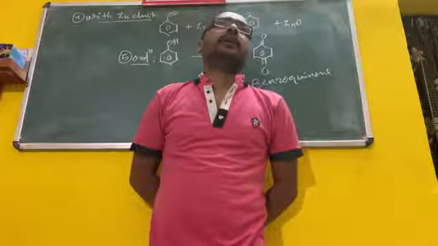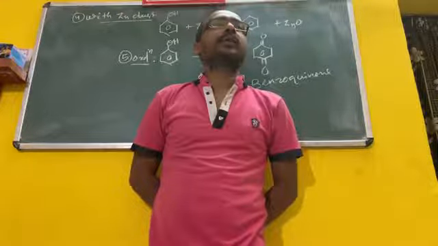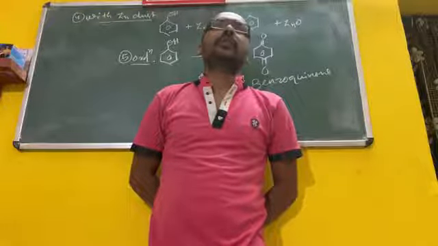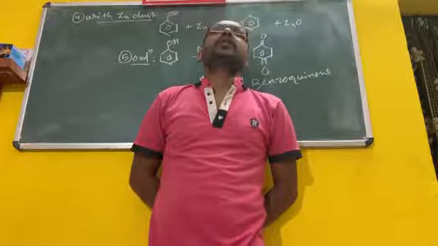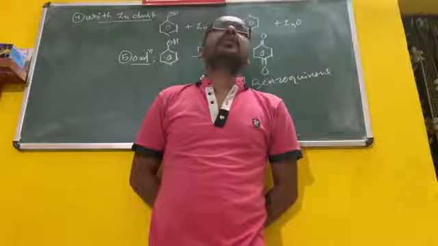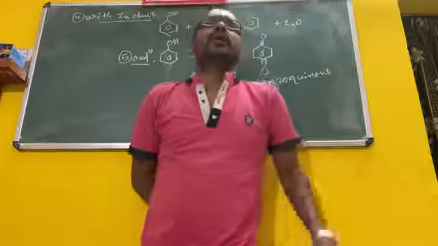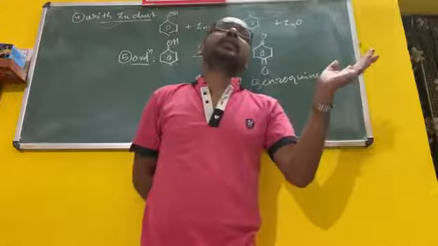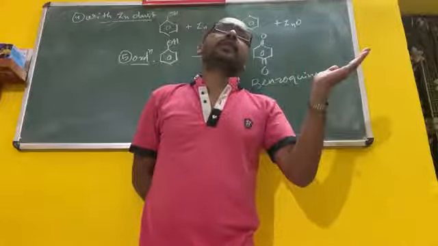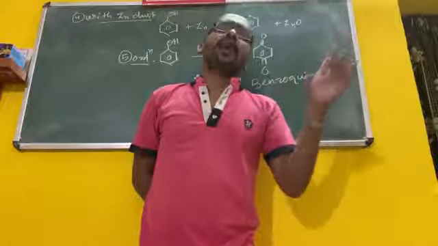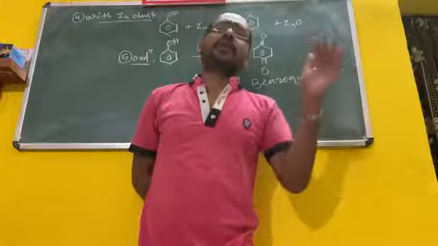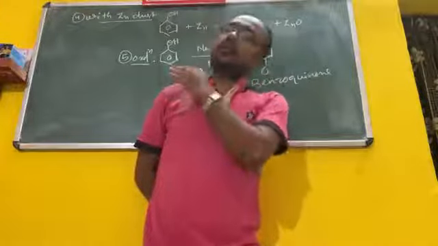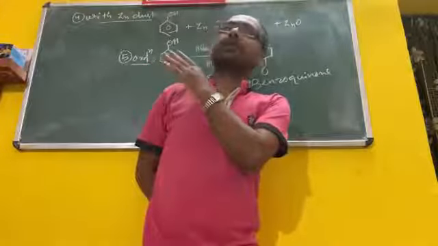Then video number 10, chemical properties of alcohols on the basis of cleavage of the OH bond, acidity, comparison of acidity, esterification. You have to remember all of these systematically, point wise. Up to alcohol and phenol, today finished.